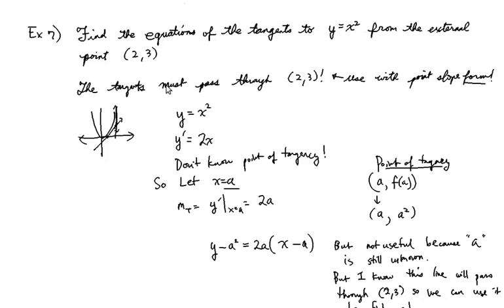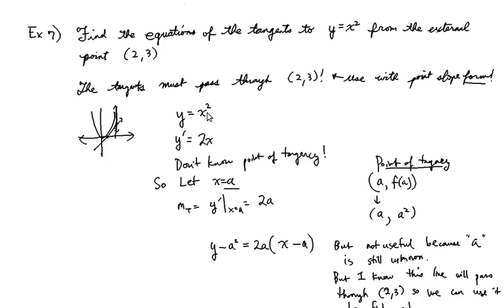So let's start with what we do know. We know that the lines are going to pass through this point. Okay, the tangents must pass through the point (2, 3), so we could probably use this later on, probably with point slope form or some other form, okay? But that's useful information. Okay, so now I need to find the slopes of my tangents.